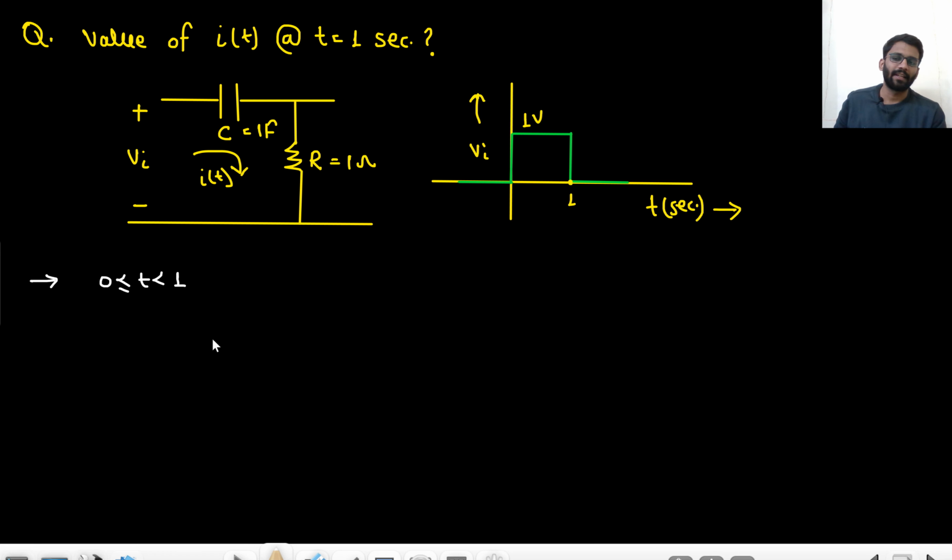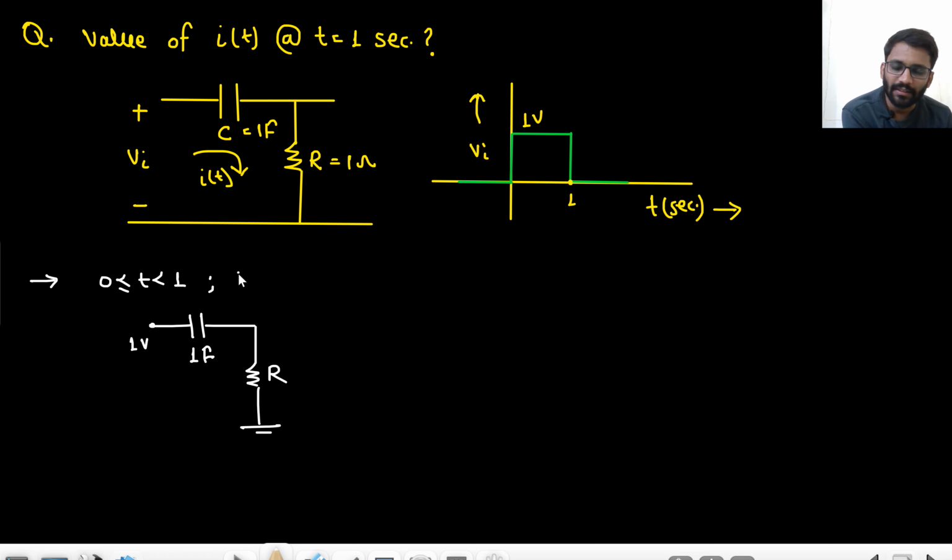So tell me, for 0 to 1 second what is happening? Input V in is 1 volt, and this is the resistance. Now this capacitor will get charged. I am writing the equation of Vc. At t equals 0, what is the value of Vc? 0.